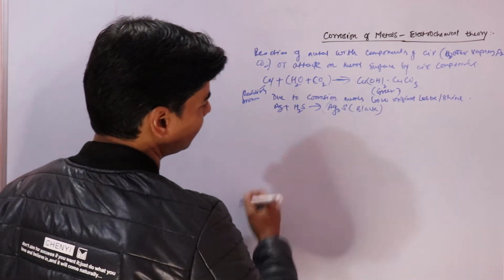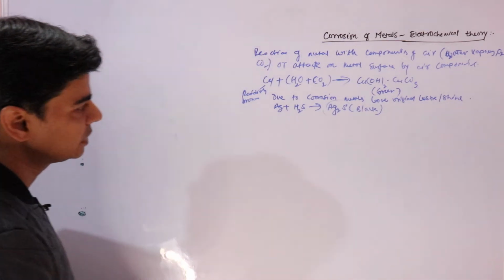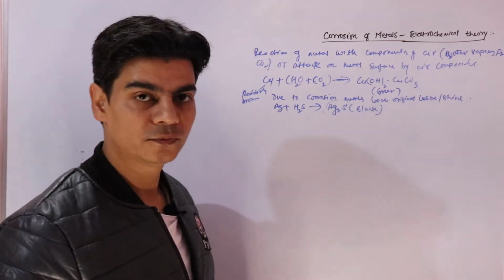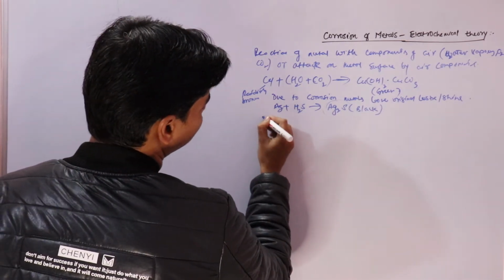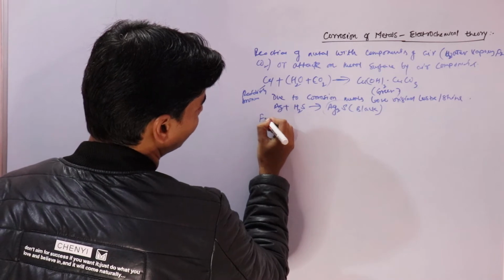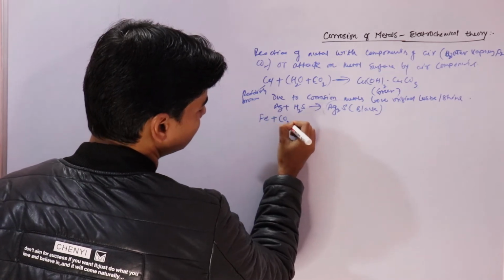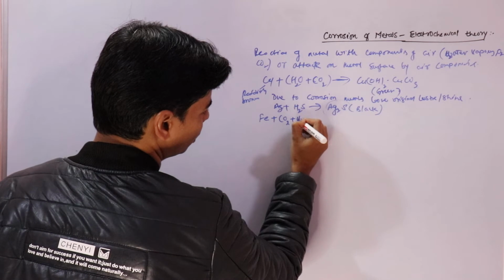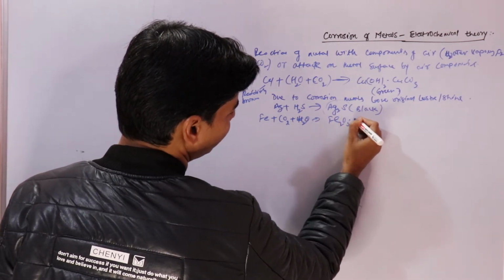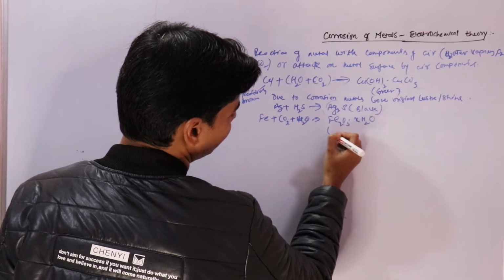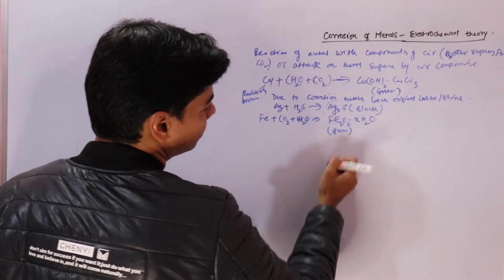Similarly, let's take some other example. Let's take example of iron, right? Iron will react with oxygen and water vapor in air to form hydrated ferric oxide, right, which is brown in color, right?